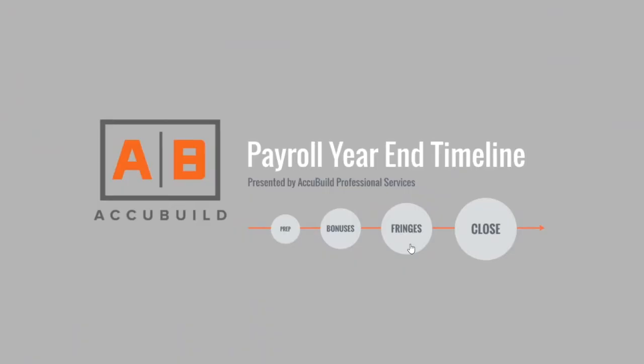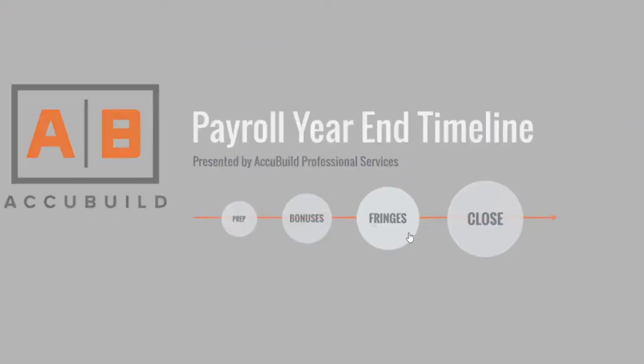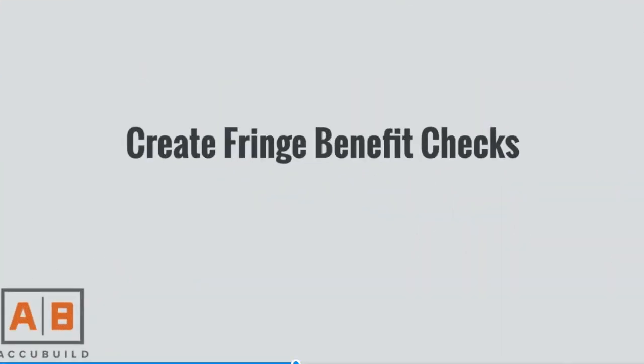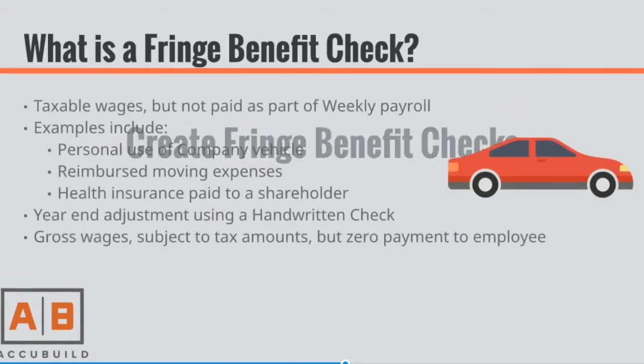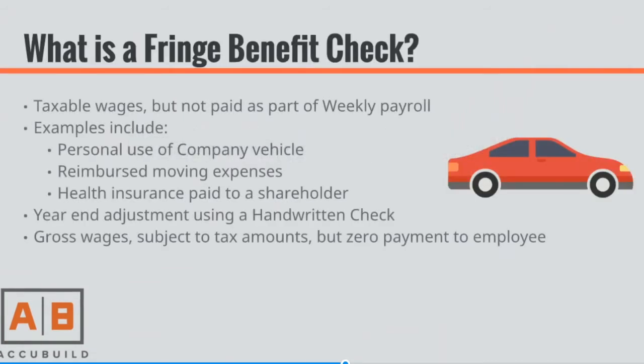Now we'll move on to creating fringe benefit checks. A bit of explanation for those who may not be familiar with fringe benefits. These are taxable wages, but generally are not paid as part of regular payroll runs.